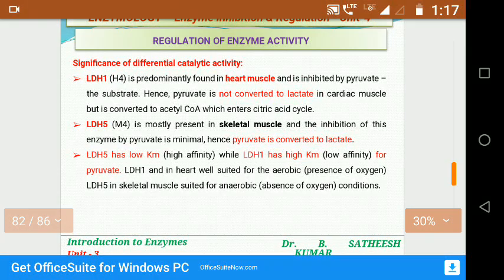When we study the significance of the differential catalytic activity of LDH1 to 5, we observe that LDH1, which has the H4 configuration, is predominantly found in heart muscle. The LDH1 favors the aerobic mechanism.